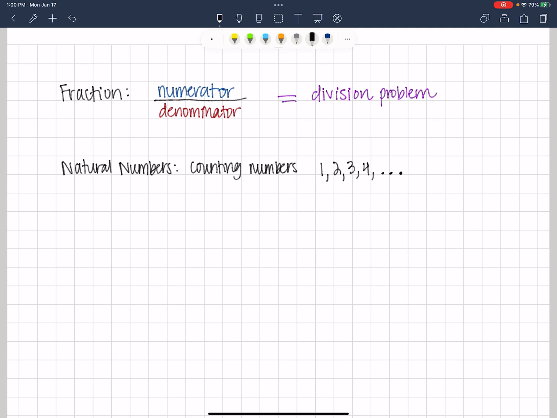Factors are numbers that multiply together to make a product.